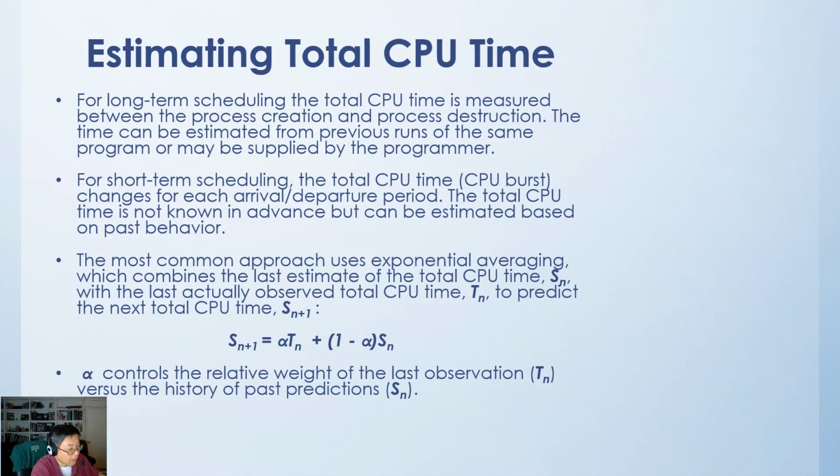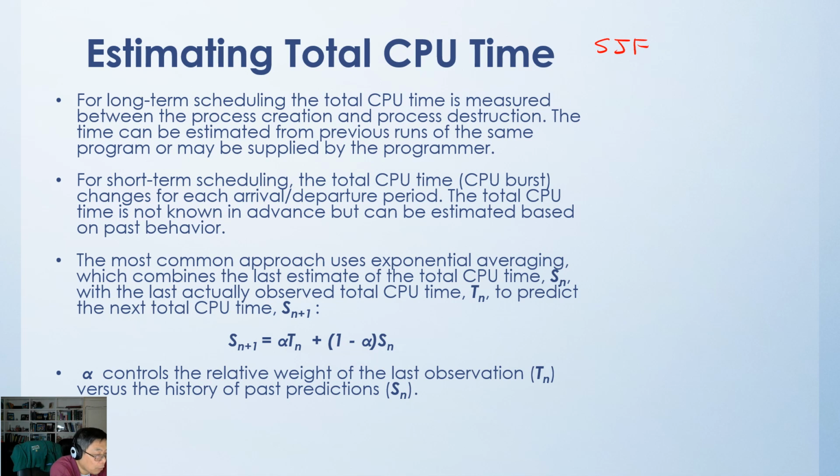Okay, in this slide, we're going to talk about how to estimate the total CPU time. Remember that SJF, the shortest job first scheduling algorithm, determines the priority of the process based on the total CPU time.